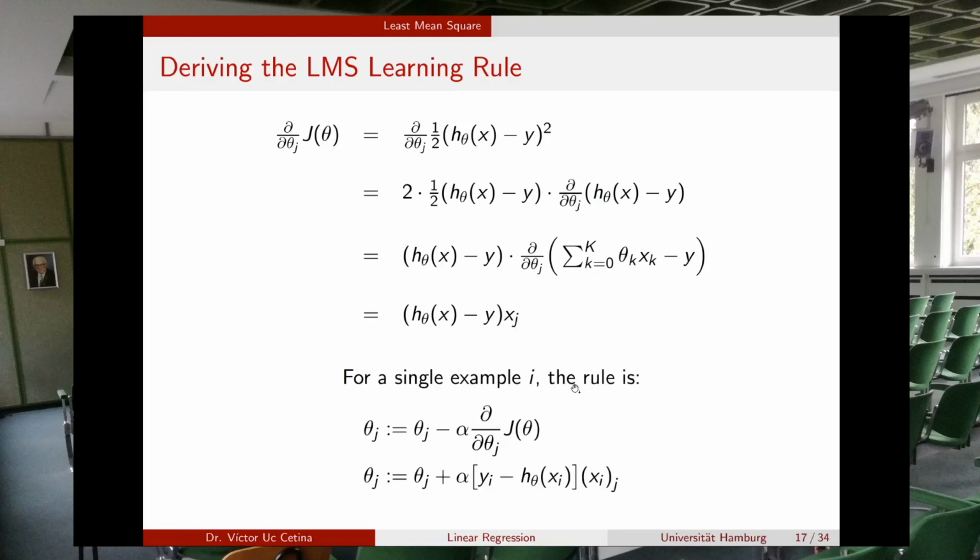And then we can see that our initial version of the rule now can be written like this, and this is an update rule that we can really program. Okay, just observe that here we have h minus y, and here in the rule we now have y minus h.